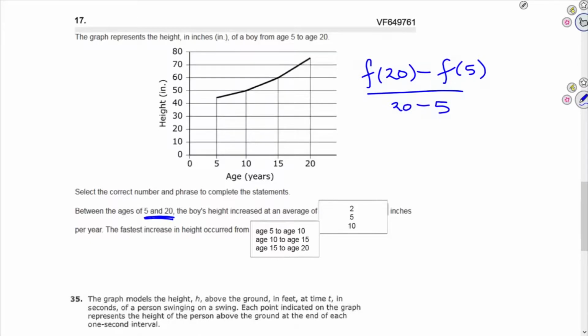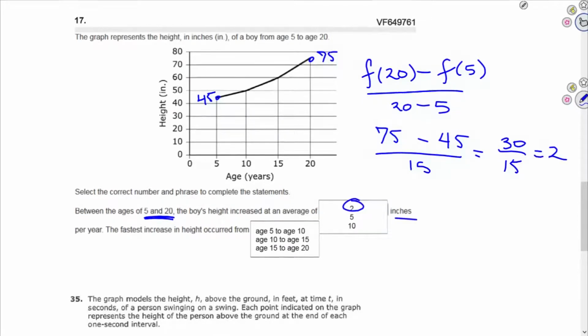The function value at the end is about 75, minus the function value at the beginning is about 45, divided by 20 minus 5 is 15. And so 75 minus 45 is 30. Divided by 15, you get 2 inches per year.